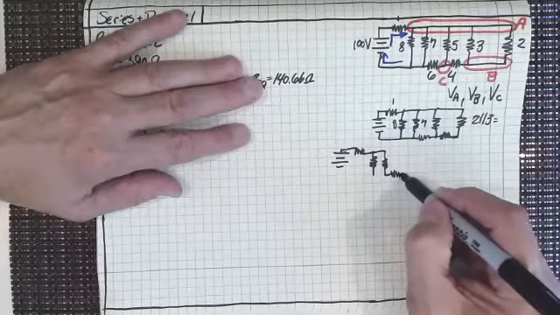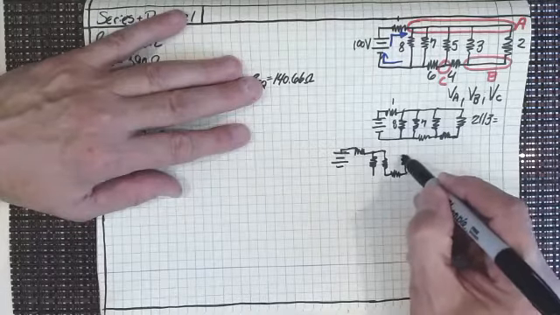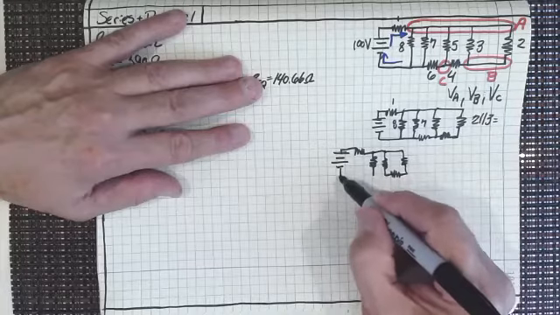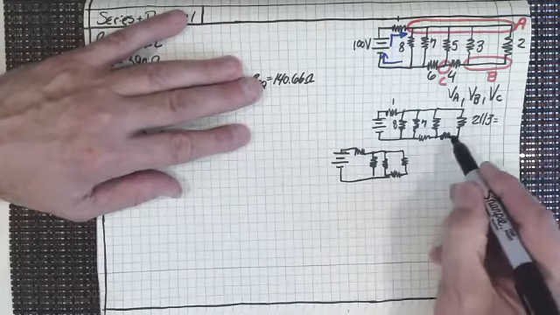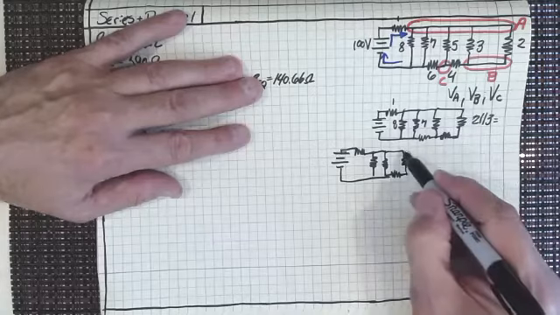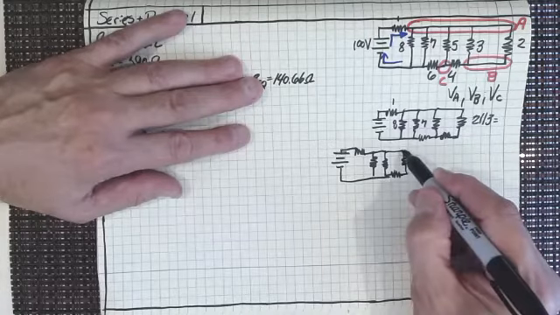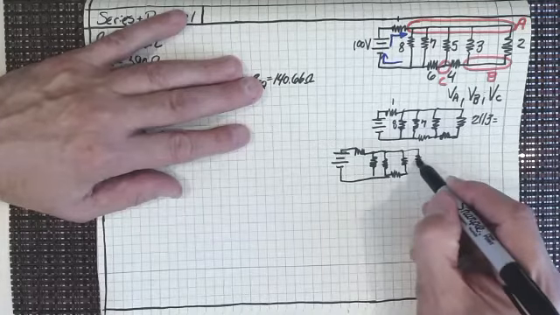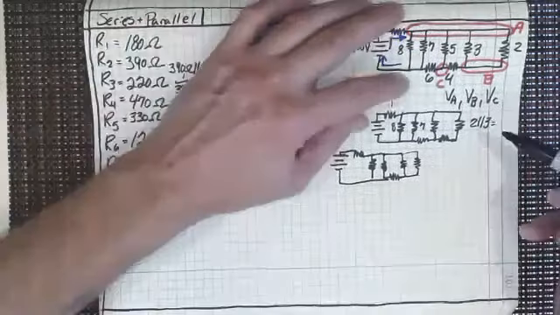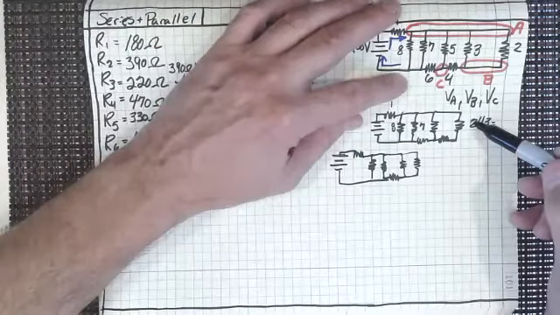But now what I have is I have this resistor. I'm sorry, it's taken me a few seconds. And then this resistor here is going to be a combo, isn't it? It's going to be a resistor that is in series between this and this.